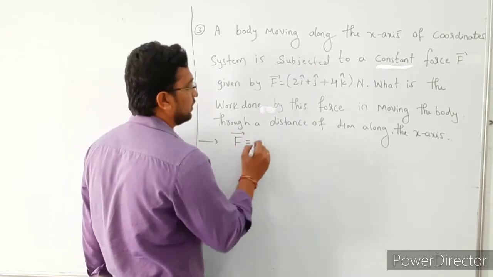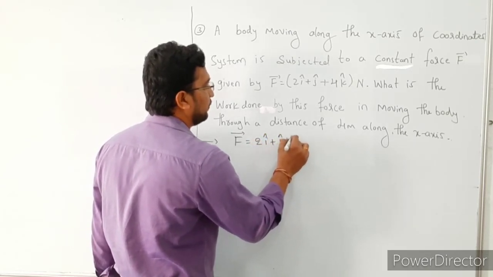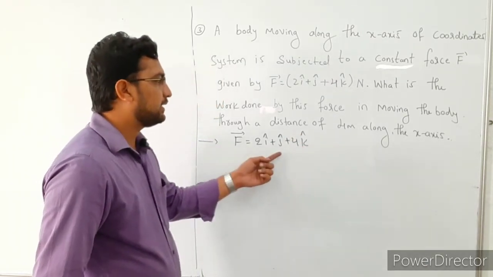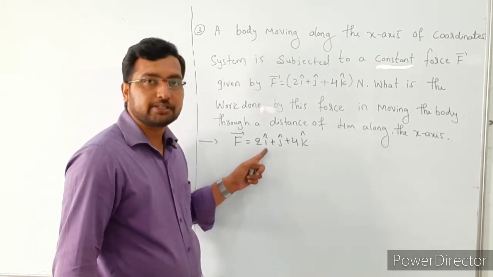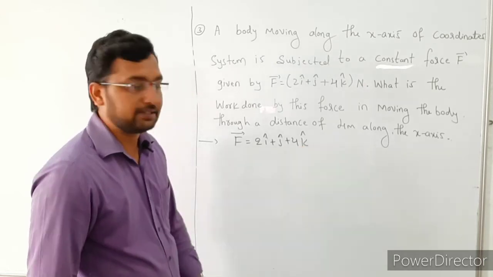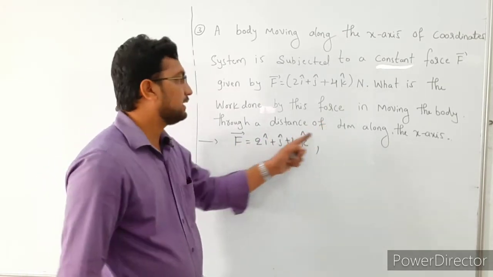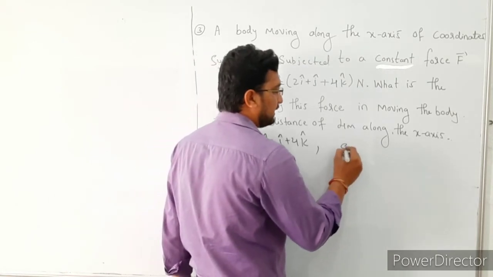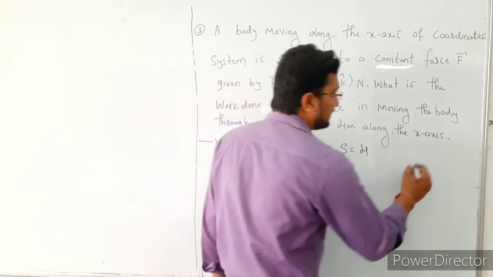The force vector is equal to 2i plus j plus 4k. Here i cap, j cap, k cap indicate unit vectors. They specify the direction: along the x-axis, along the y-axis and along the z-axis. In this case the body moves through a distance of 4 meter along the x-axis, so the displacement is 4 meter along the x-axis, which means i cap.